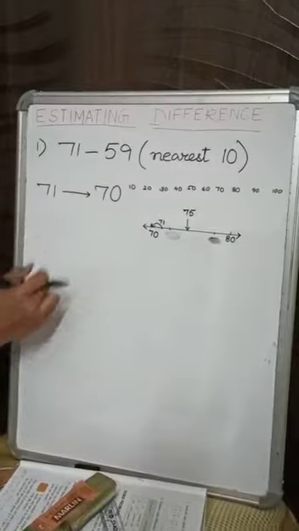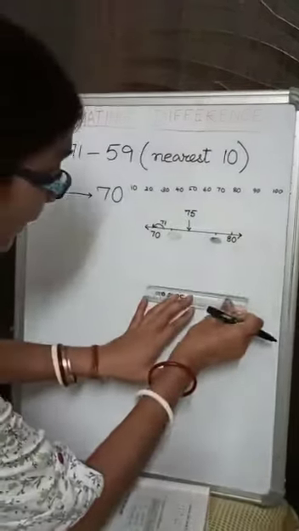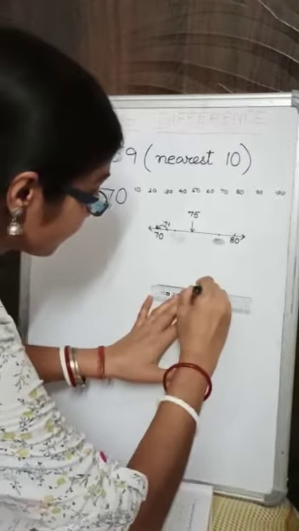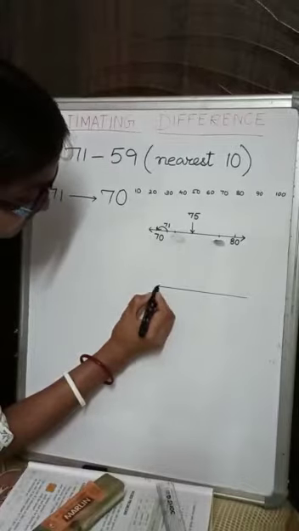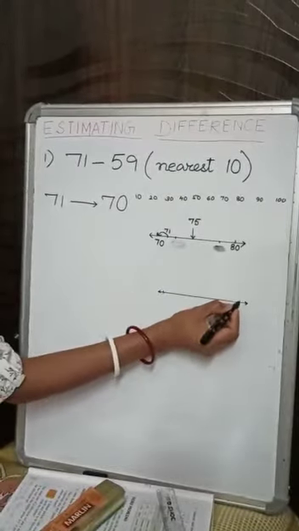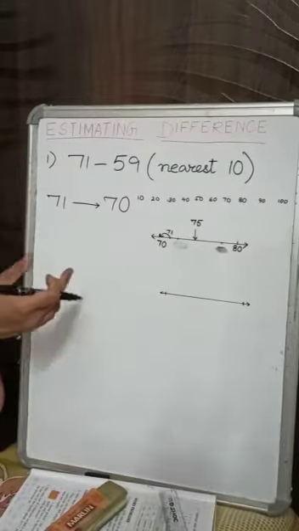Our next number is 59. So similarly we will draw one number line. Now 59 lies between which two tens?